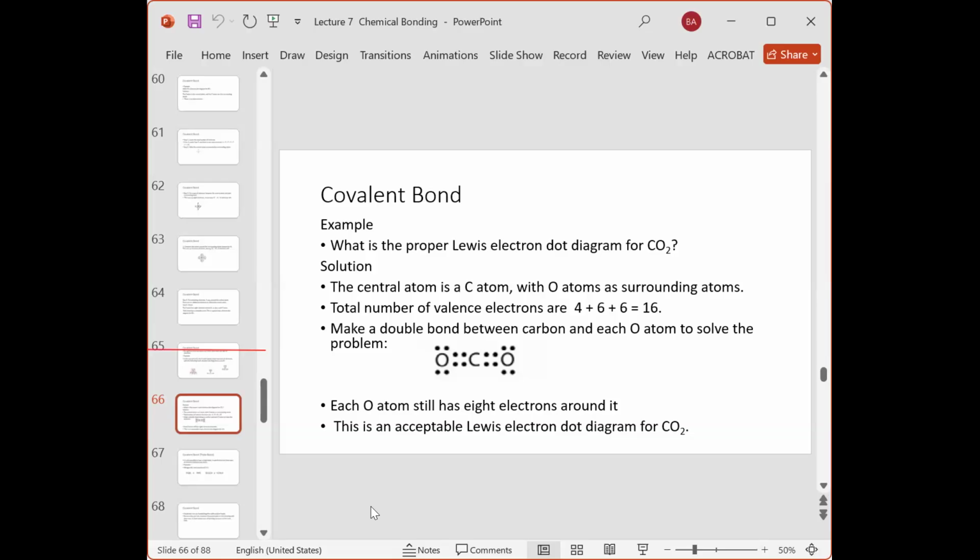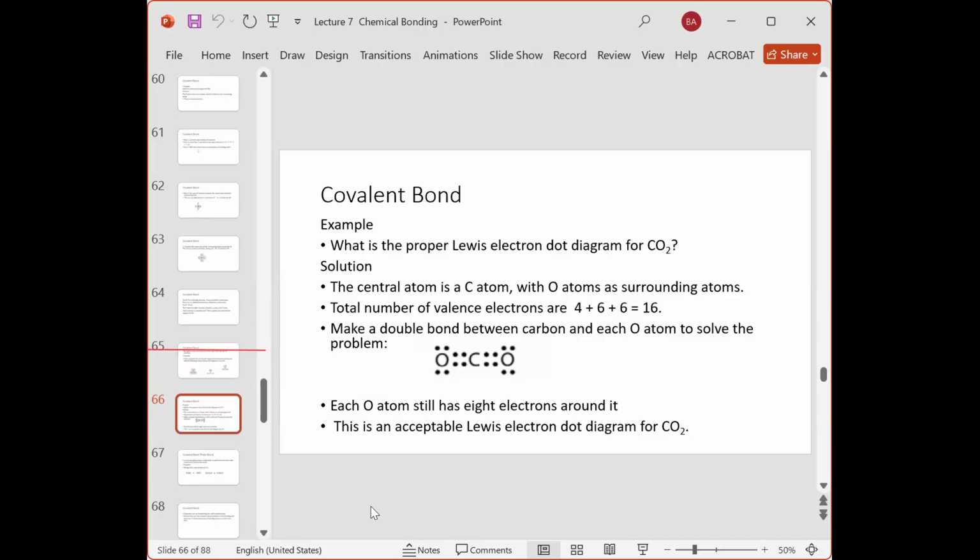Total number of valence electrons is 4, 6, and 6, which will give you 16. So make a double bond between the carbon and oxygen atom. If you don't do it that way, you won't satisfy the octet rule.